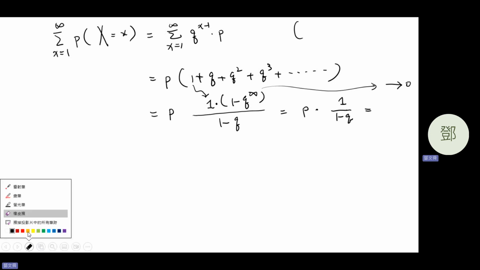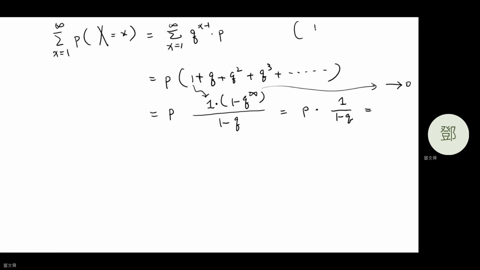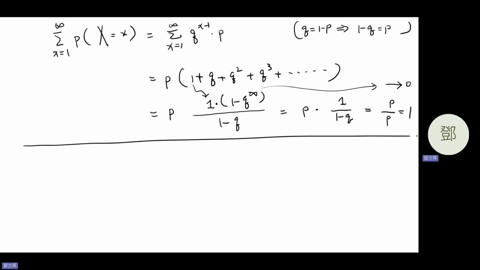Because q is 1 minus p, 1 minus q is p. So it is p over p, which is 1. So we prove that the total probability is 1.